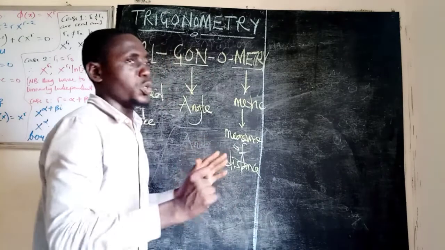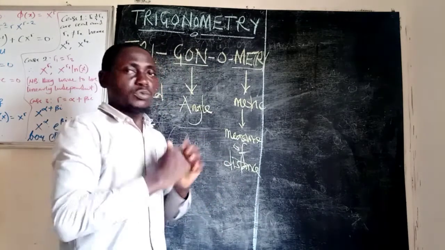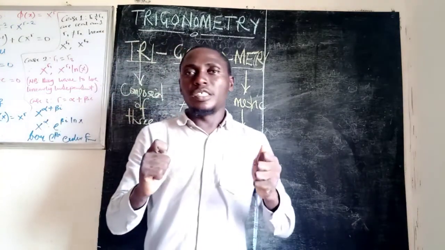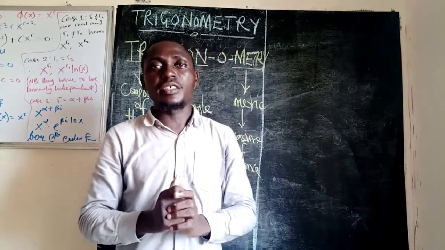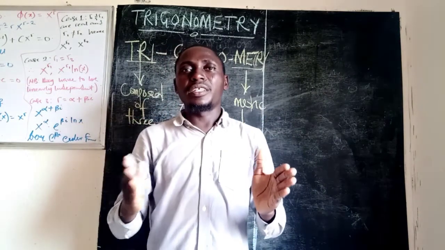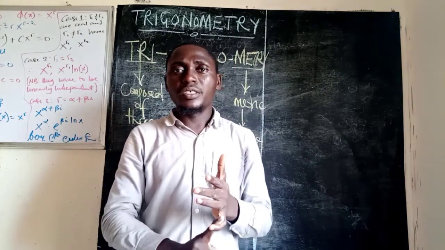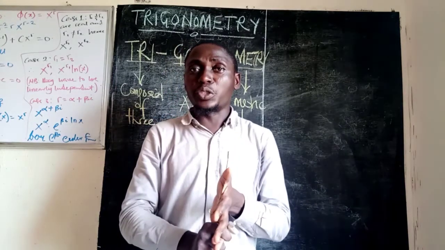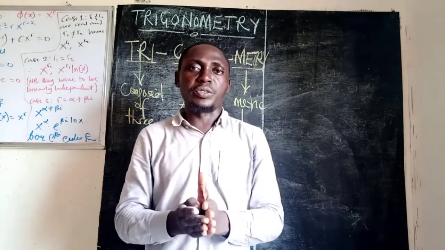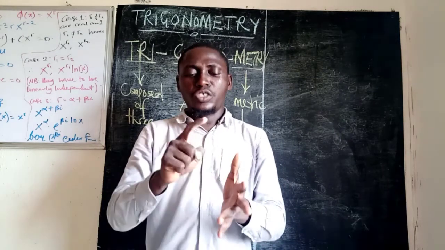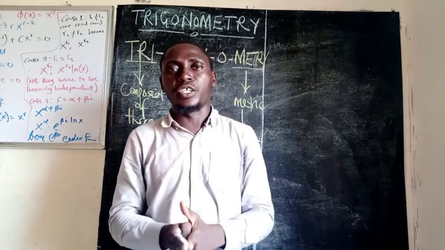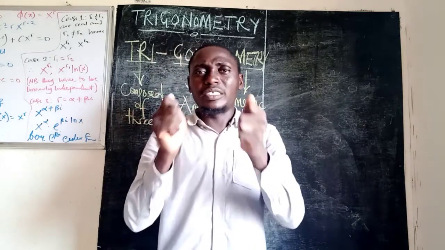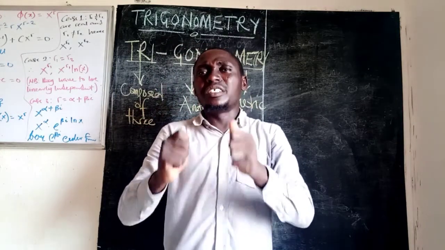Now, what is trigonometry in its full sense? Trigonometry is a branch of mathematics which deals with the study of triangles, trigonometric functions and their applications. So that is what trigonometry actually is talking about.